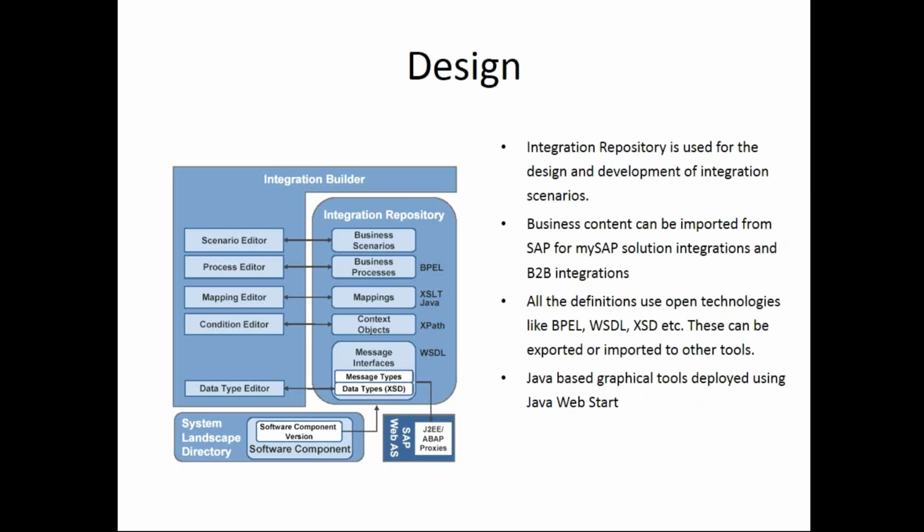So let's say we have a web service. If my web service has a WSDL, I can directly import that WSDL in my PI, and my structures are available with me. Structure means some XML structure. If that is not the case, there is an editor in your PI which helps you create that XML structure from scratch.